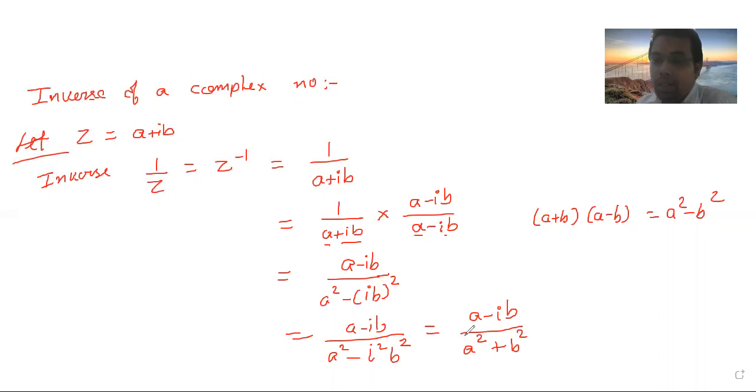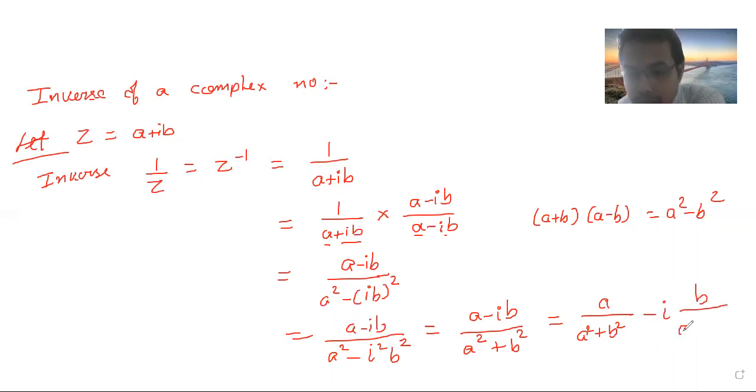In order to write it separately as the real part and the imaginary part, we can write it as a by a square plus b square minus i b by a square plus b square. So this is the value of z inverse.